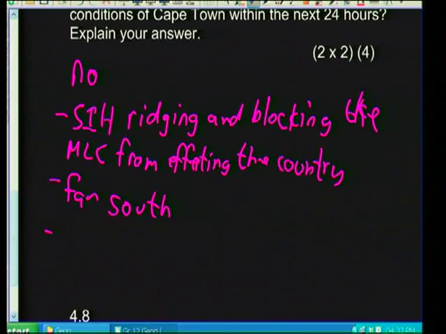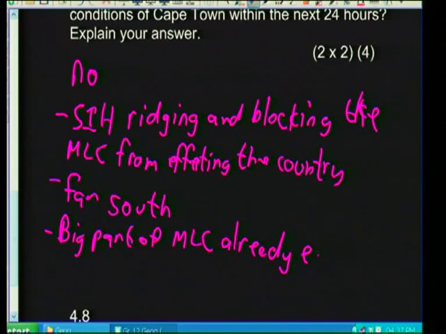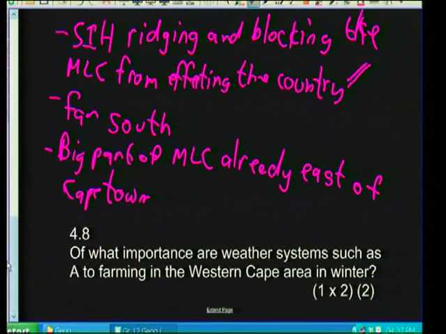Or a big part of the mid-latitude cyclone is already east of Cape Town, telling you that it won't affect the country itself. So for this question, no would give you 2 marks, and any one of these reasons would give you another 2 marks. Let's look at this last question here.